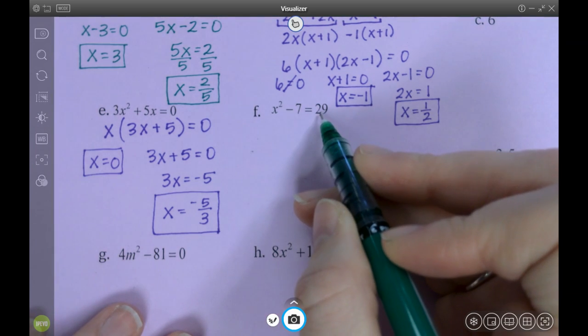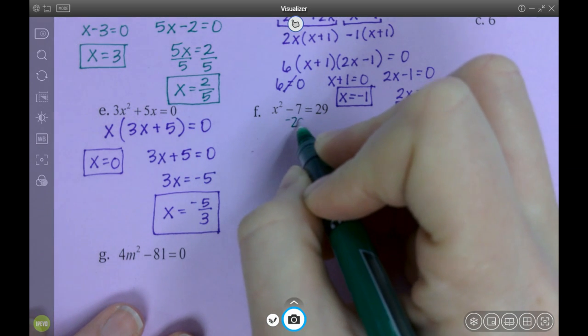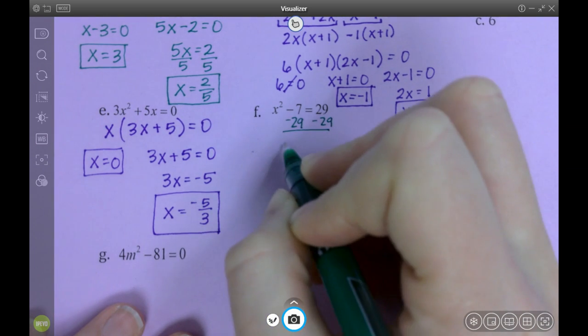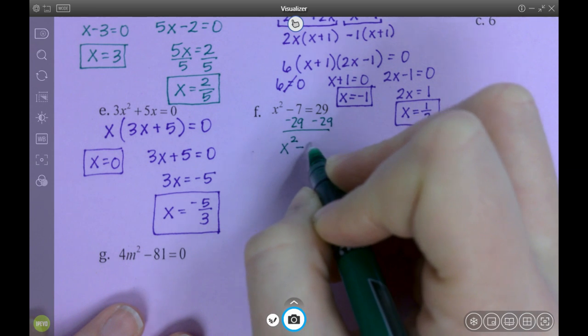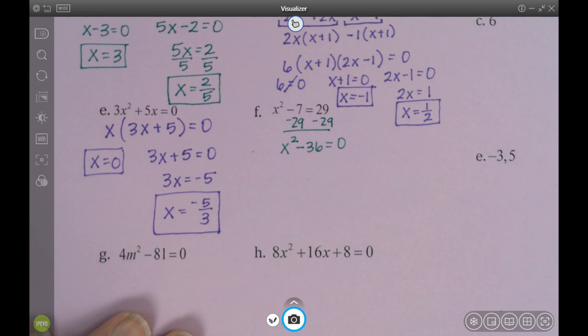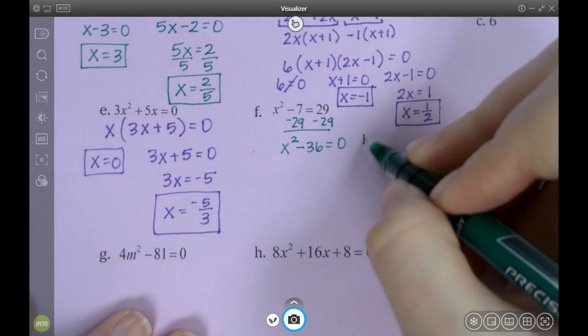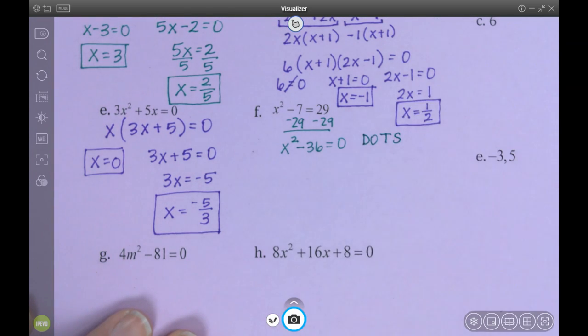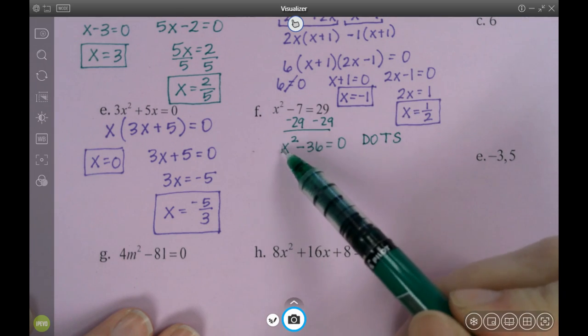So I'm going to subtract 29 from both sides to set it equal to 0. So I'm going to get x squared minus 36 equals 0. Okay, it's 2 terms, which means it's difference of 2 squares, or dots. Remember the double dots? This one's only a single dots. Perfect square, perfect square.